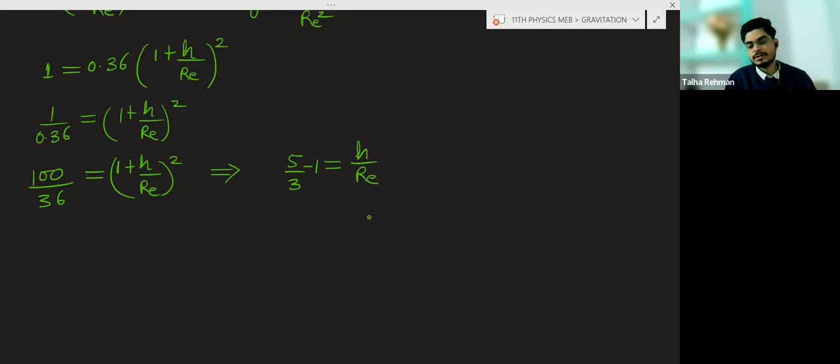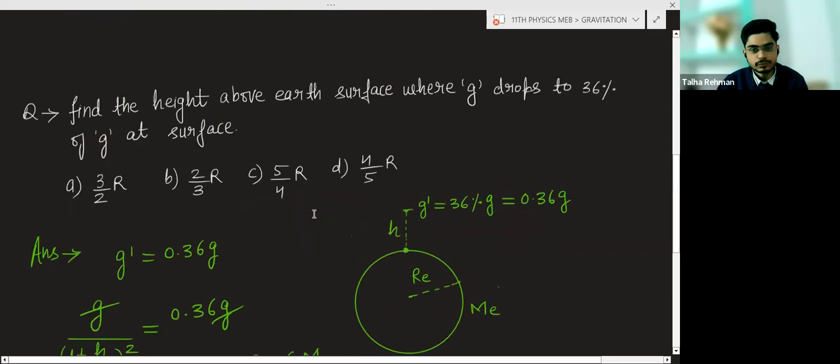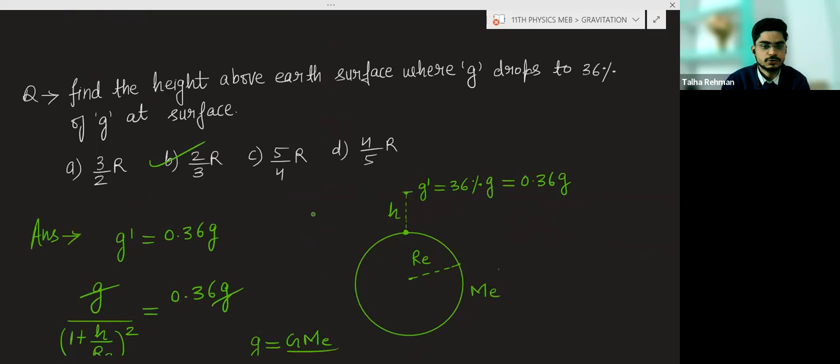And (5 minus 3) by 3 is 2 by 3, equal to h divided by Re. So the height above the surface of the Earth, where the acceleration due to gravity becomes 36% of that on the surface, will be 2 by 3 of Re. So I think this option should be correct.